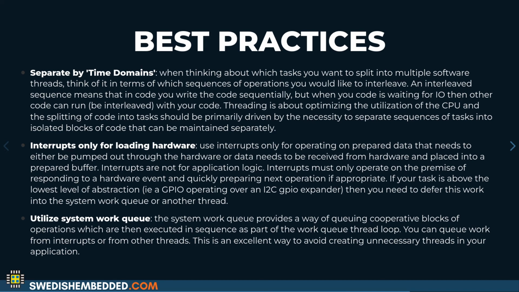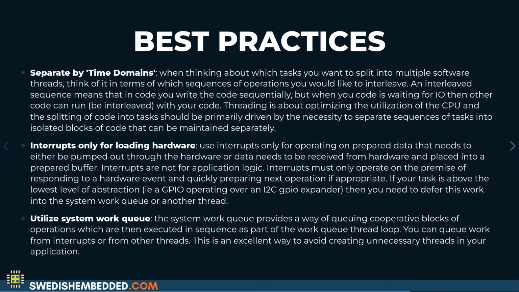The system work queue is your primary way to avoid creating extra threads unless absolutely necessary. The system work queue is actually managed by a separate thread, but what's special about it is that you can basically submit work to this queue, and the queue will execute the work in a sequential manner, but it will do so outside of the interrupt context.